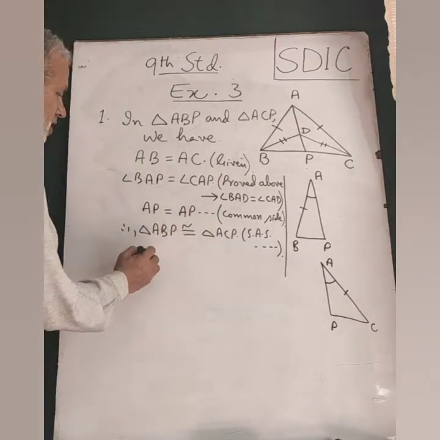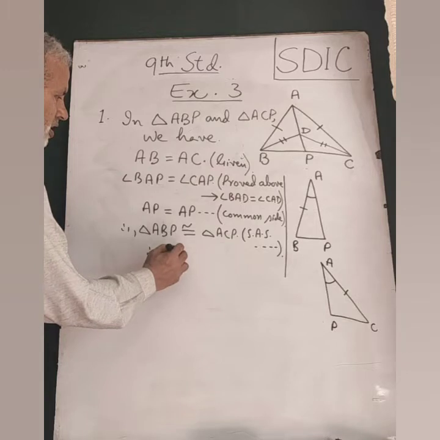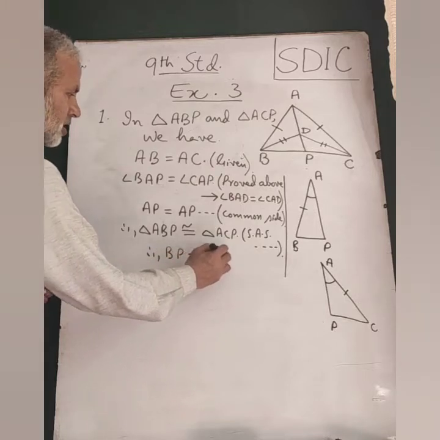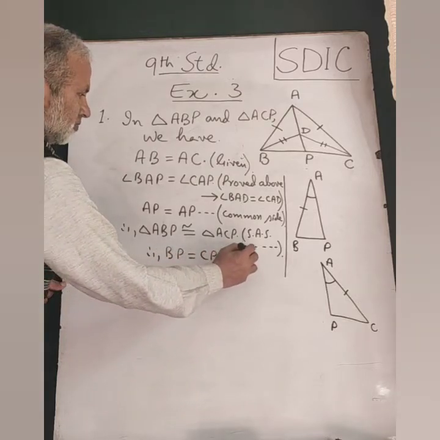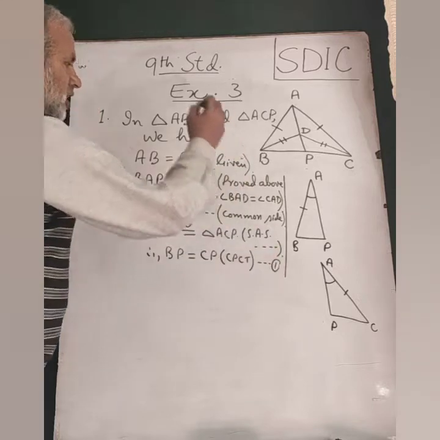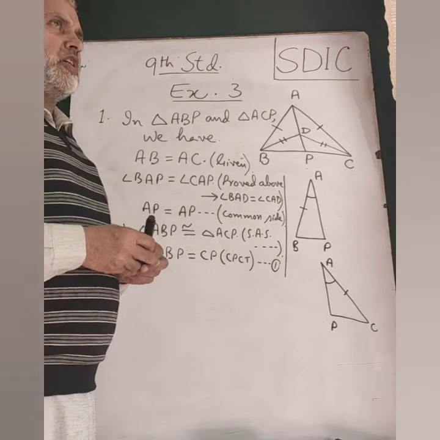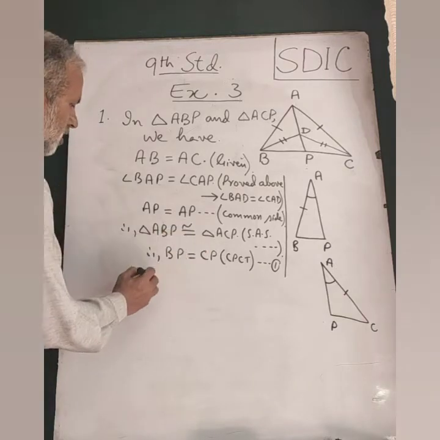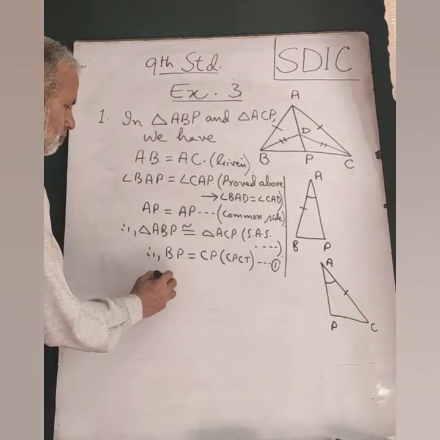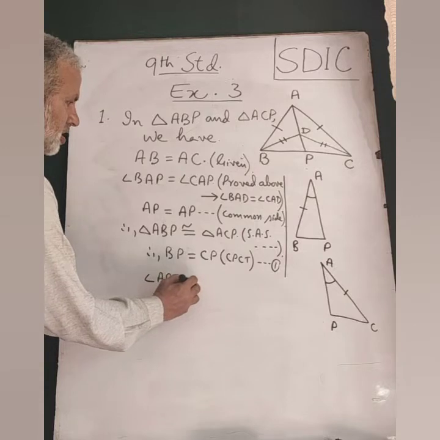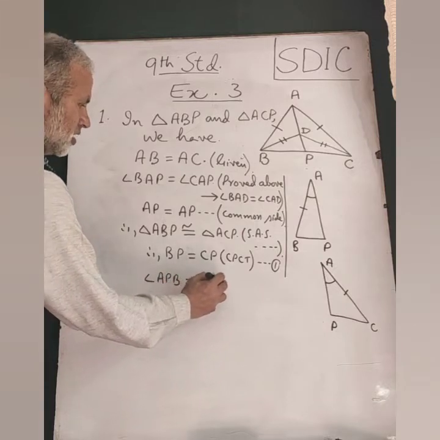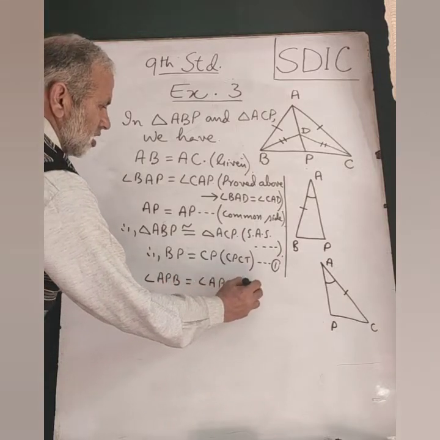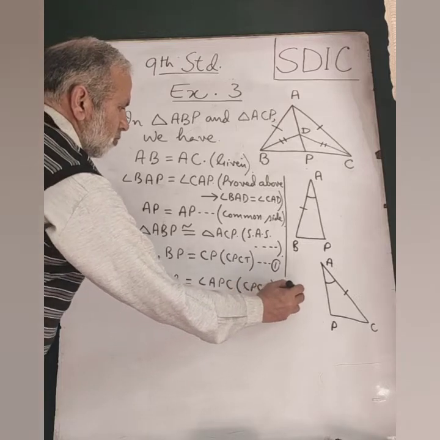So according to CPCT, we'll have BP is equal to CP, CPCT. We need this result later. We'll keep the mark 1 for it. We also have, according to CPCT, angle APB is equal to angle APC. This also is CPCT. Mark this second.